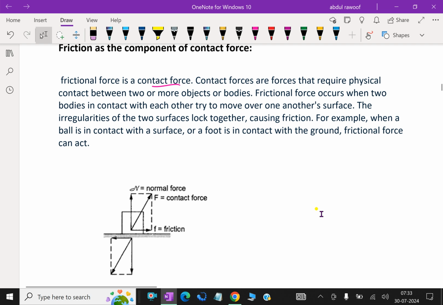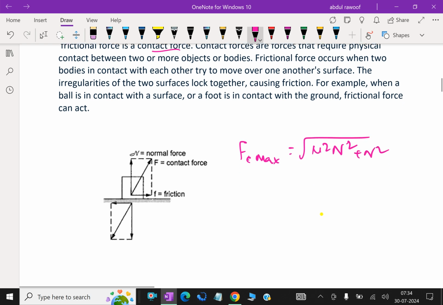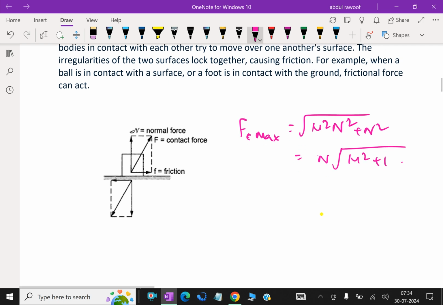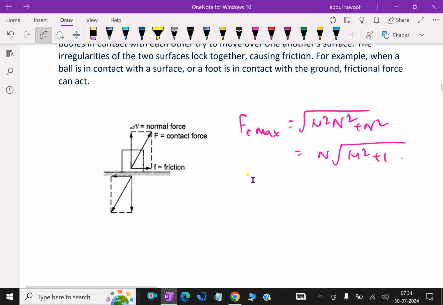Here, F C max equals square root of mu square N square plus N square, which equals N is taken out, N times square root of mu squared plus 1, can also be written.